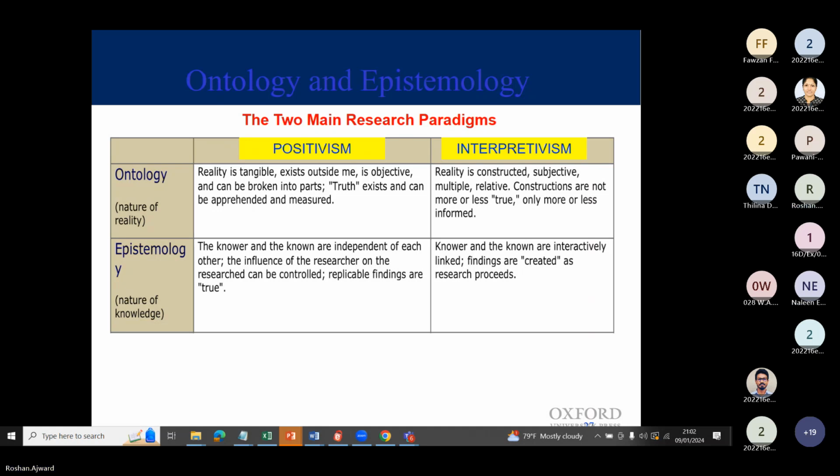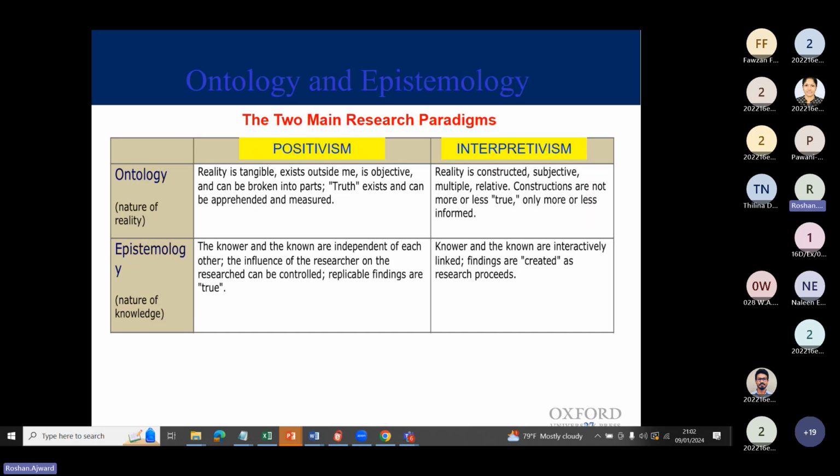Like we have people who follow different religions, when it comes to research, there are 2 classes of researchers. One is called positivism-based researchers, and the other one is called interpretivism-based researchers. So I told you earlier about ontology. When it comes to ontology, it's about the nature of reality, the existence of reality.